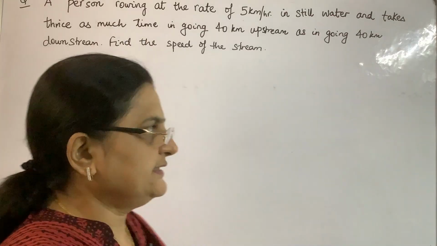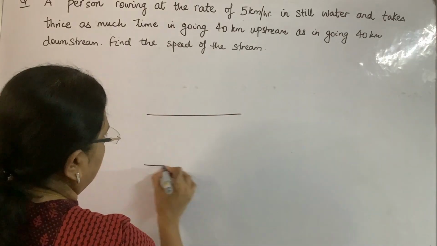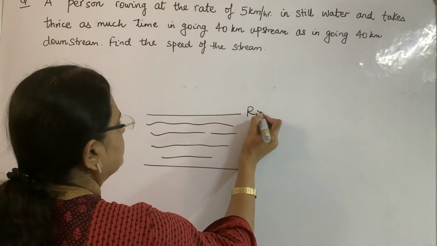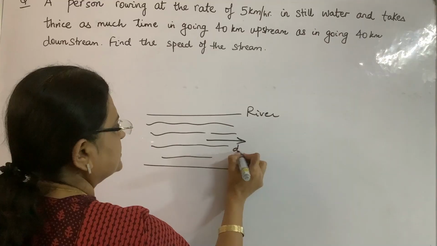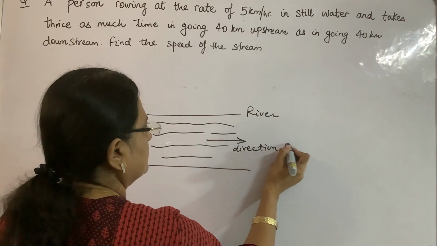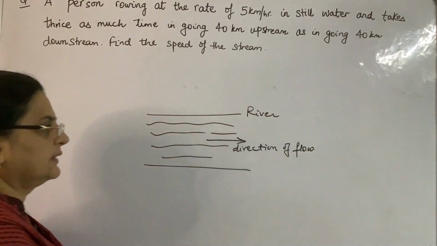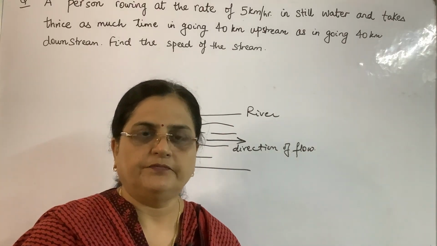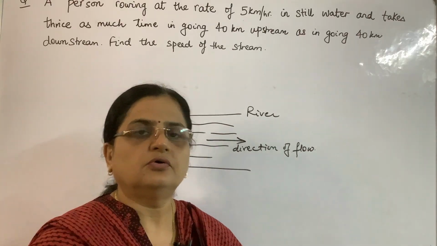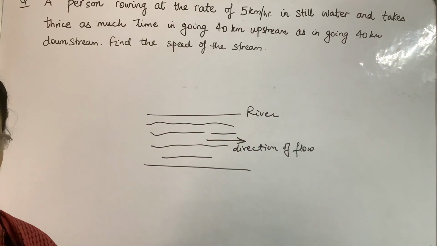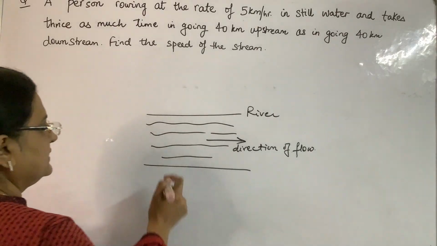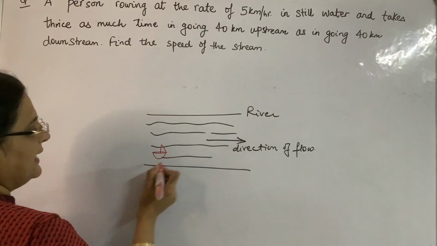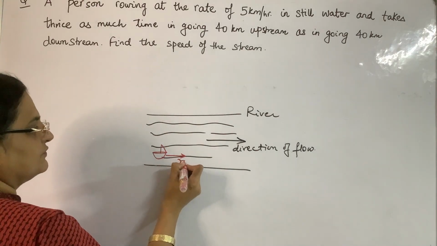The first thing you have to understand is that supposing this is a river and water is flowing in this river. So this is the river and this is the direction of flow of the river. The river is flowing from my left towards my right. This is the direction of flow. So if there is a man who is rowing a boat or swimming, let us say this is a boat and this becomes the direction of rowing.